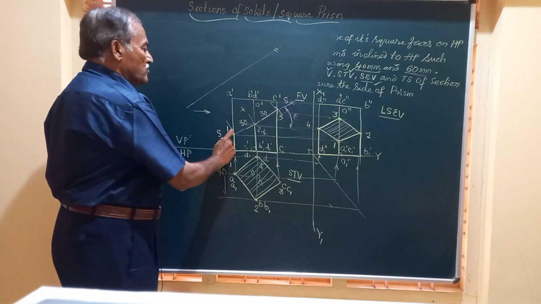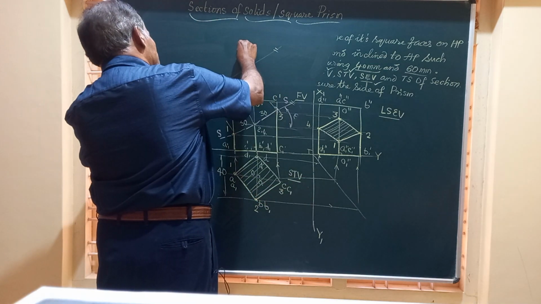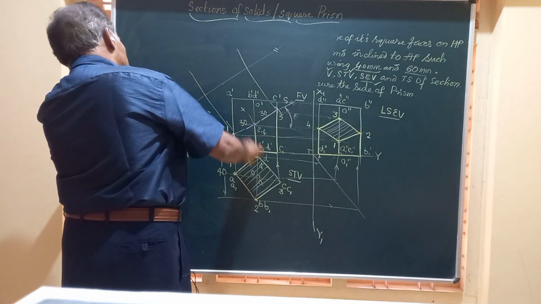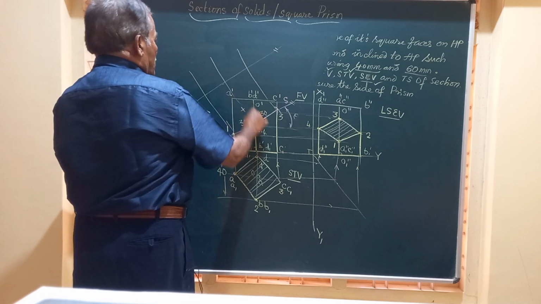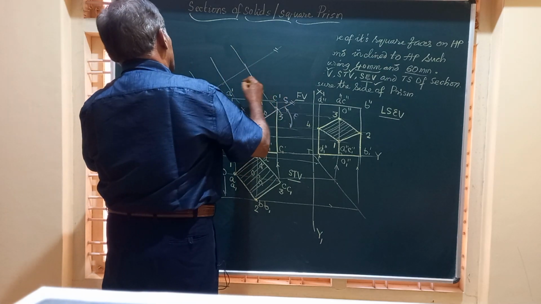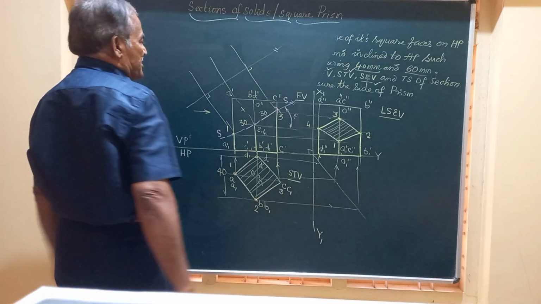And from all these points, 1, 2, 3, and 4, we are going to draw perpendiculars. So this is one line, this is second line, this is a third line. So we have got all these lines drawn. Remember, the lines so drawn are all normal to this. These are all perpendicular lines.